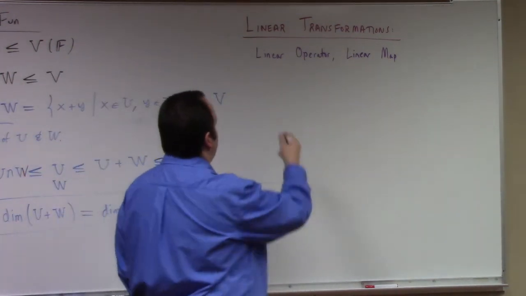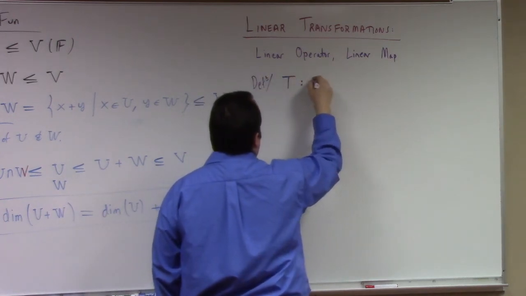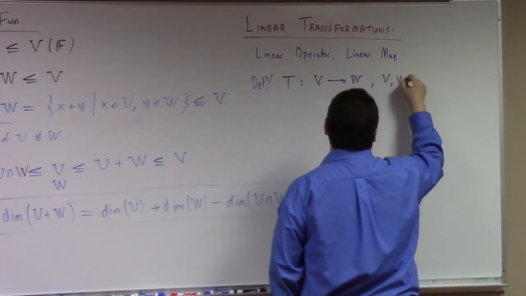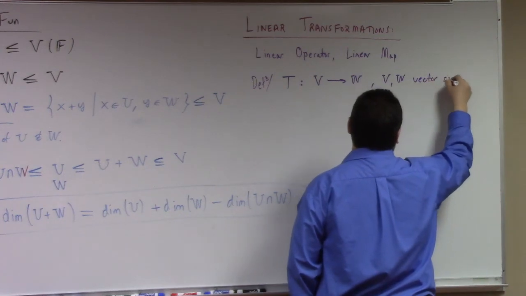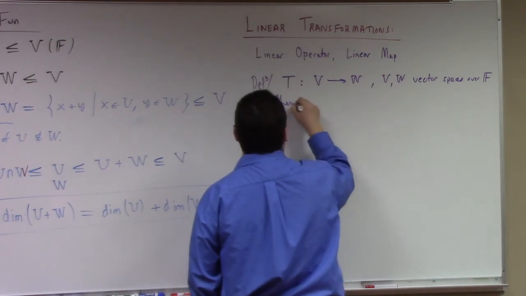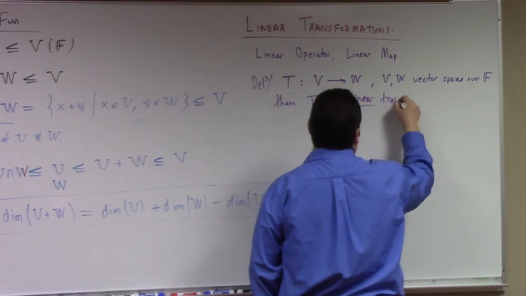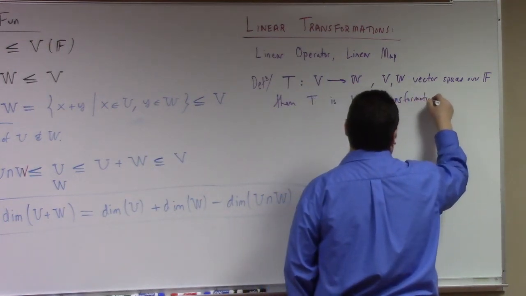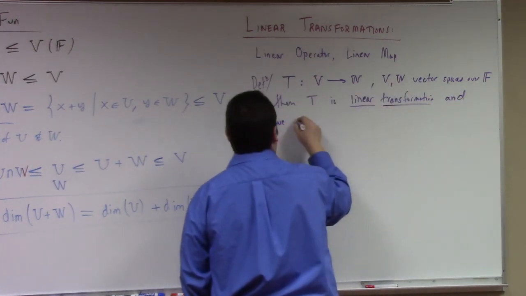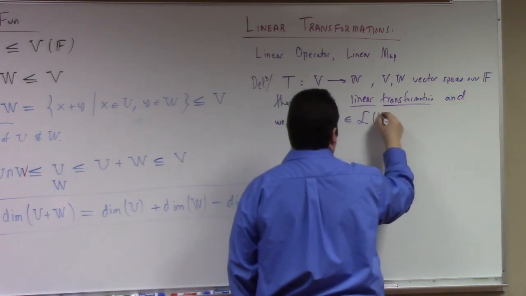Okay, so definition. If we have T, which is a function from V to W, V and W vector spaces over some field F, then T is a linear transformation, and we write T is an element of L(V,W).